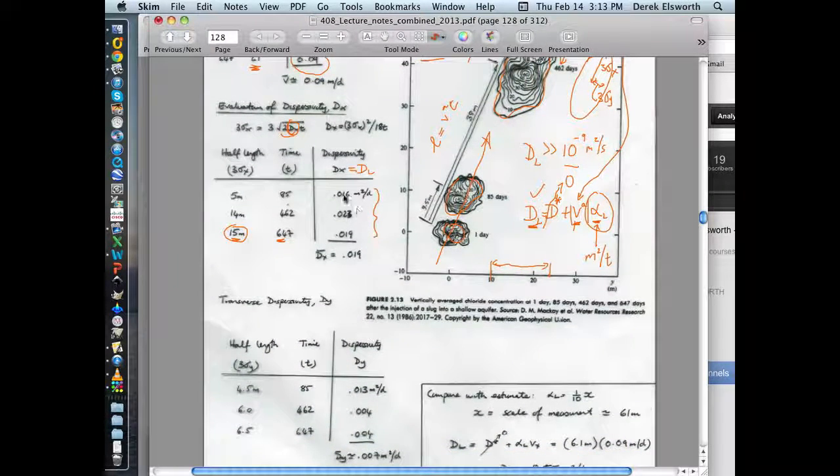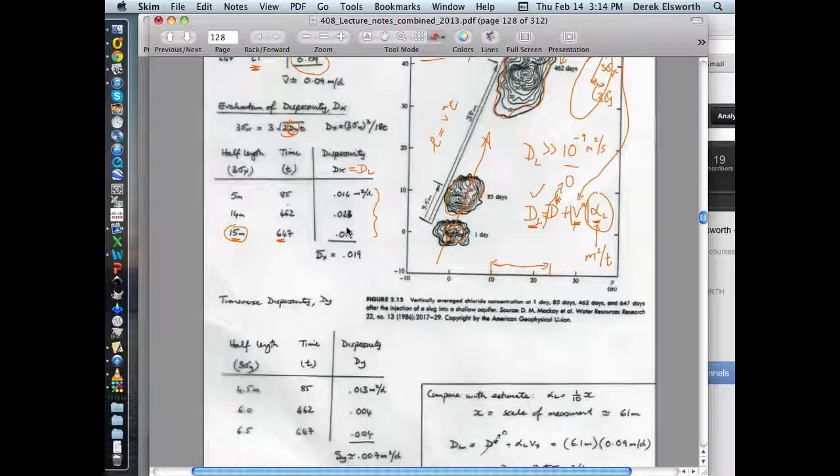But the magnitudes of these dispersivities are changing, well, actually they're not too bad, right? They're changing from a low of 0.016 to a high of 0.023. They don't show a trend in that this intermediate one is the largest one, and the earliest and the latest ones are the smallest, so there's no real trend in there.